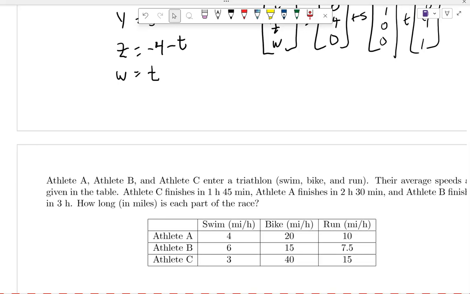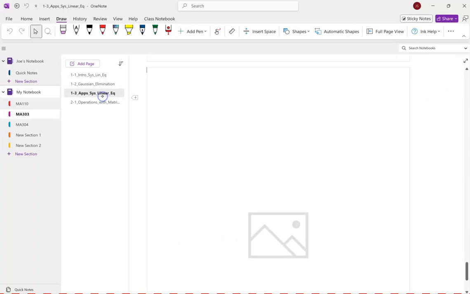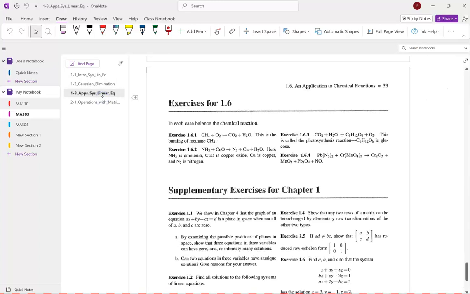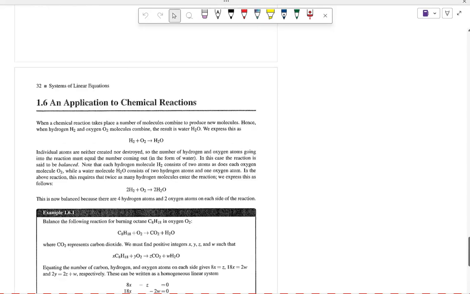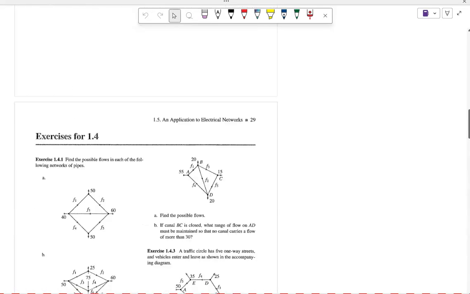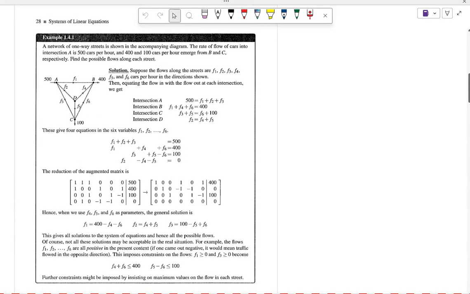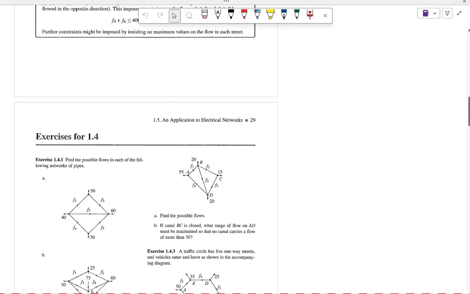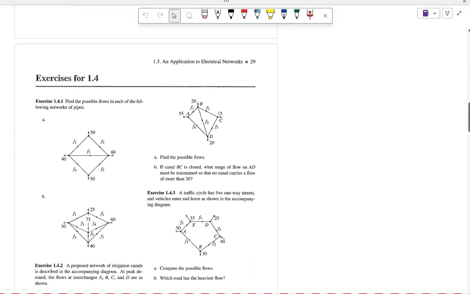All right, so the idea behind these is to set up a system of equations and solve. So let's look at the network flow ones, and then we will talk about the circuits and the chemical equations on Friday.